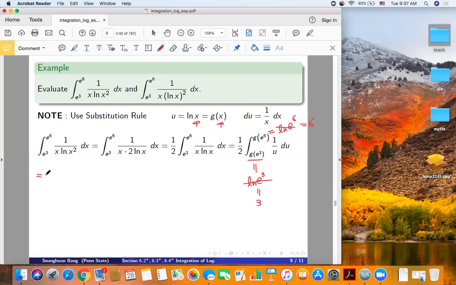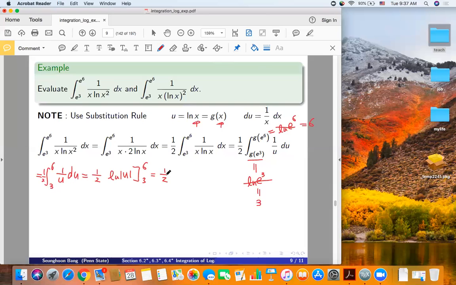So we have 1 over 2 integral from 3 to 6 of 1 over u du. Next, the integral of 1 over u is ln of the absolute value of u from 3 to 6.